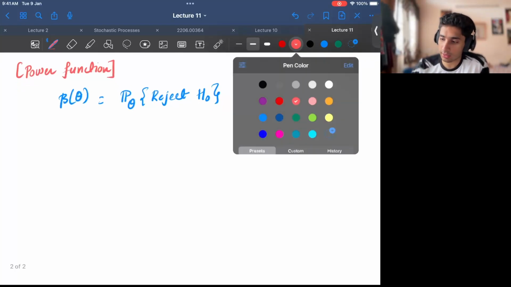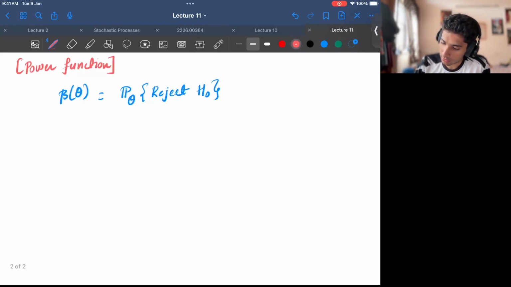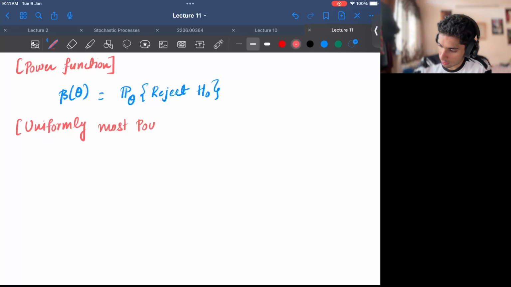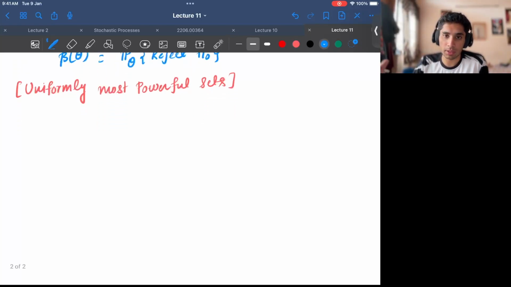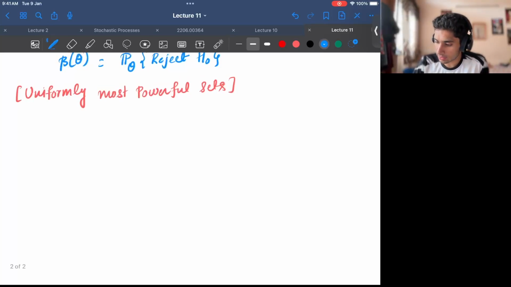The next thing is uniformly most powerful tests.